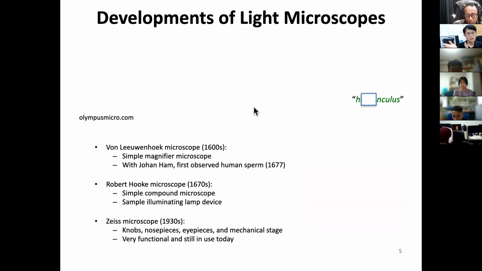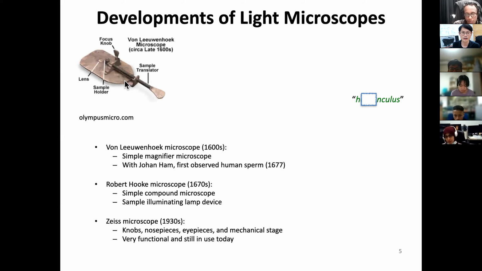Okay, so let's go back to microscopy in the history of humankind. Now it's 2000, so 400 years ago, in the Netherlands, there was Van Leeuwenhoek, who made the first recorded simple magnifier microscope. It looks like this.